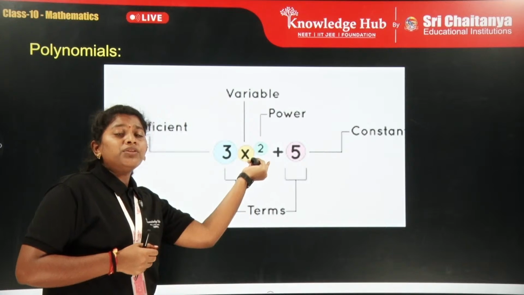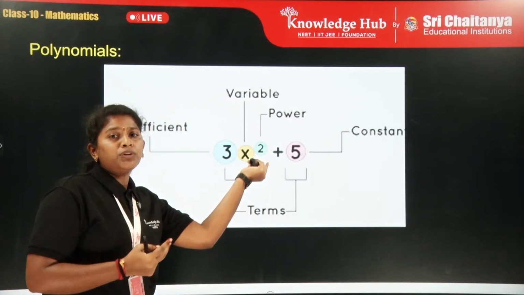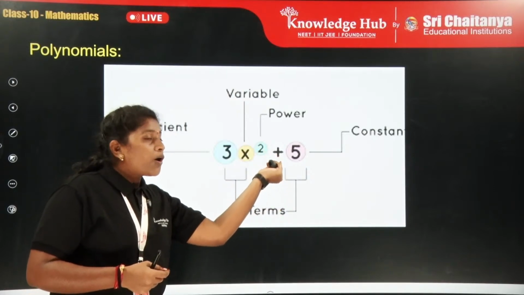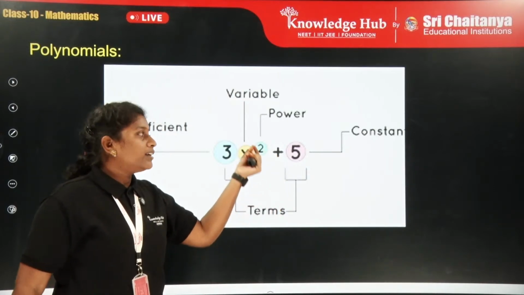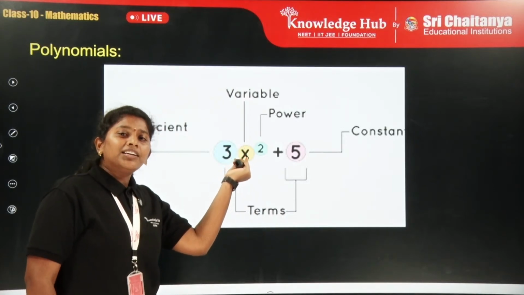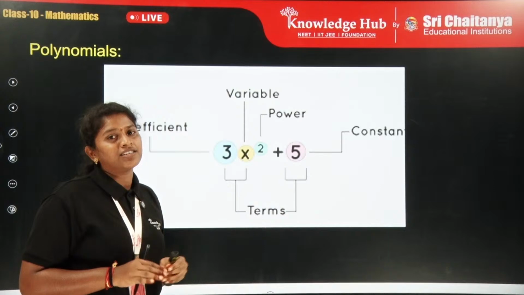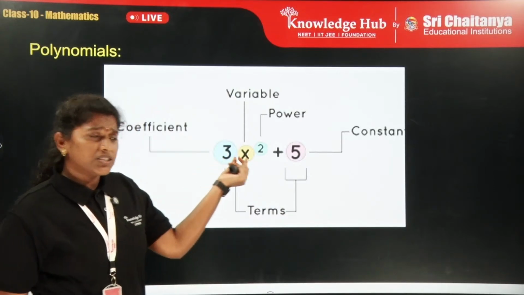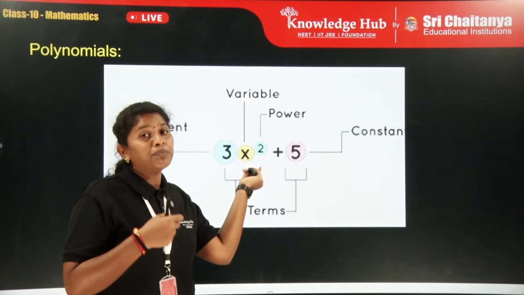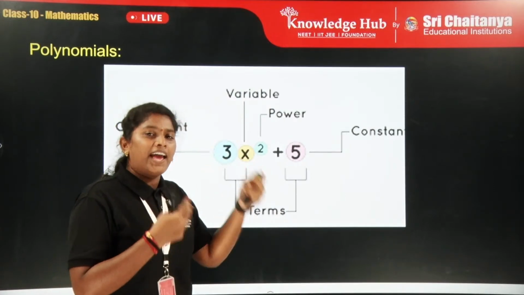In the given polynomial, we have two terms, 3x square and 5, and the mathematical operator is plus. The variable is whatever letter you can see here. If you observe, we have the letter x. That means the variable of this polynomial is x.